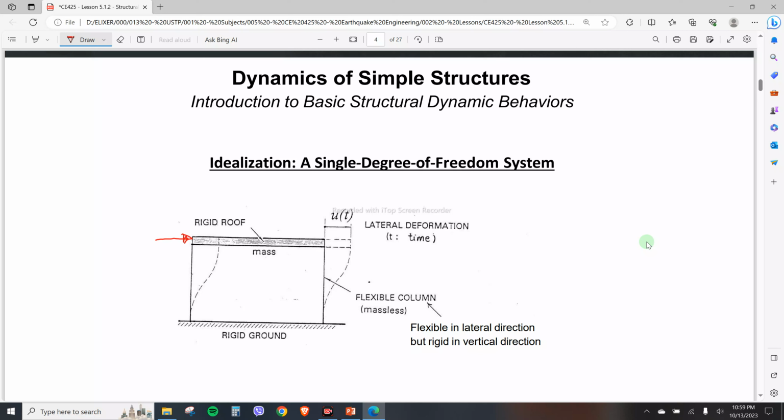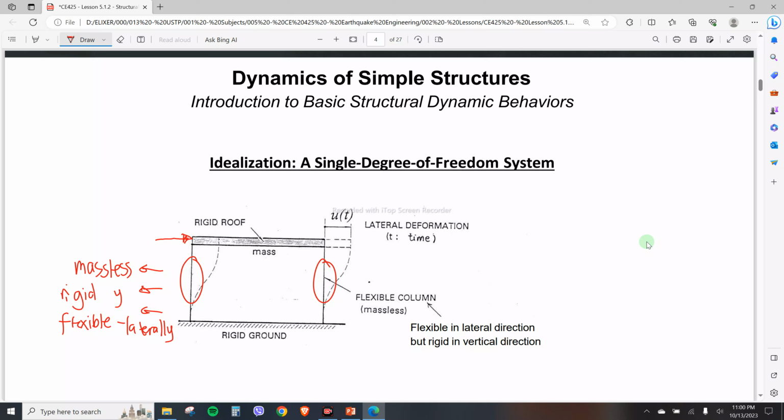The assumption here is that its columns are massless, rigid in the vertical direction, but flexible in the lateral direction. So this is our assumption in this single degree of freedom system.